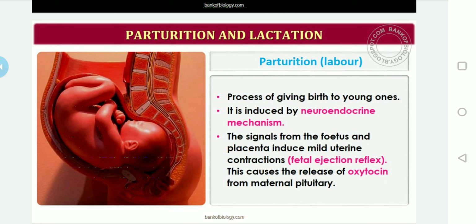Let me repeat once again, what is parturition? After the completion of the gestation period, the vigorous contraction of the uterus at the end of the pregnancy causes expulsion or delivery of the fetus, and this is called parturition. And remember, the parturition is induced by a complex neuroendocrine mechanism.